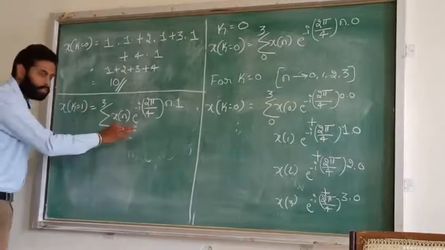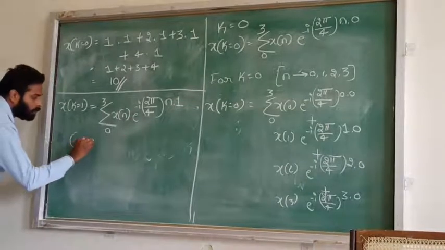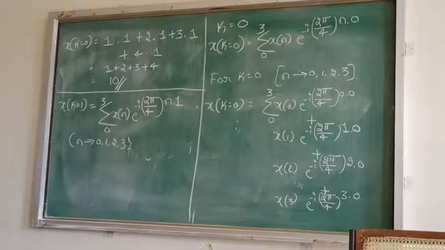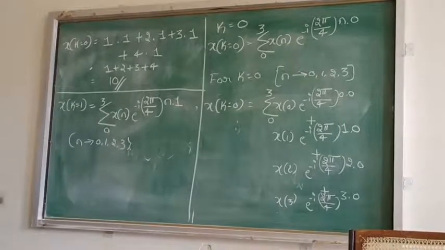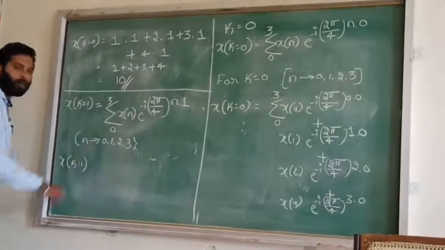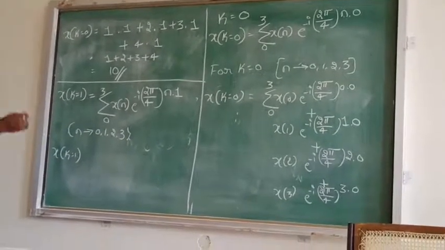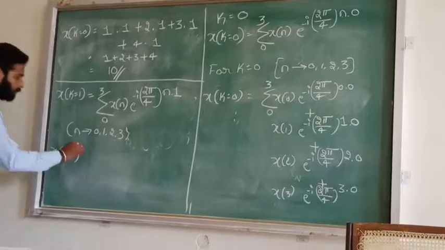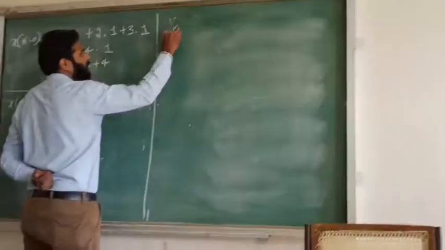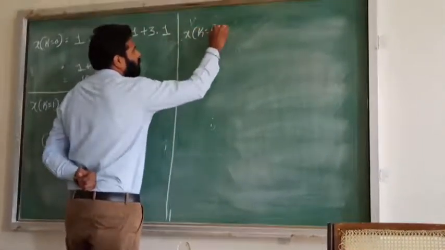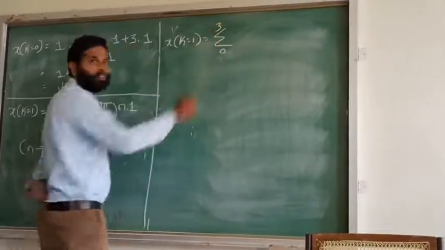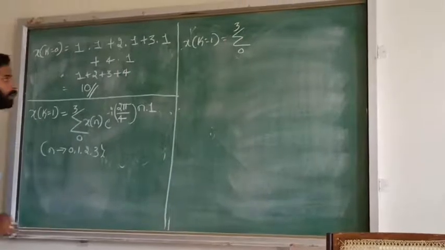This is the general equation. Now in this equation we will put n is equal to 0, 1, 2 and 3, with k equal to 1. Once again I will write it. X at k is equal to 1 is equal to summation 0 to 3 x of n.